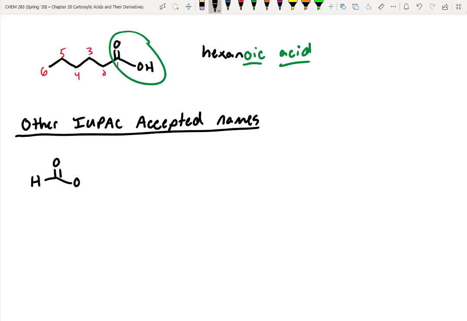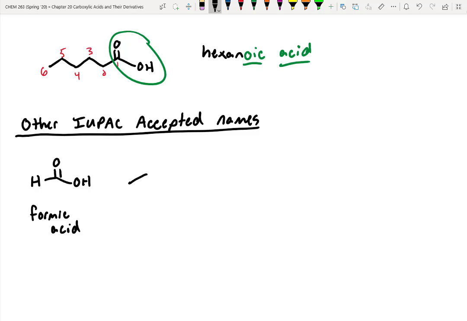The first one is essentially half aldehyde, half carboxylic acid. Carboxylic acids take higher priority than aldehydes in naming, and this is generally just called formic acid. A lot of insects produce formic acid as a defense mechanism. In fact, if you've ever squished a bug like an ant, you may actually smell that pungent formic acid smell.